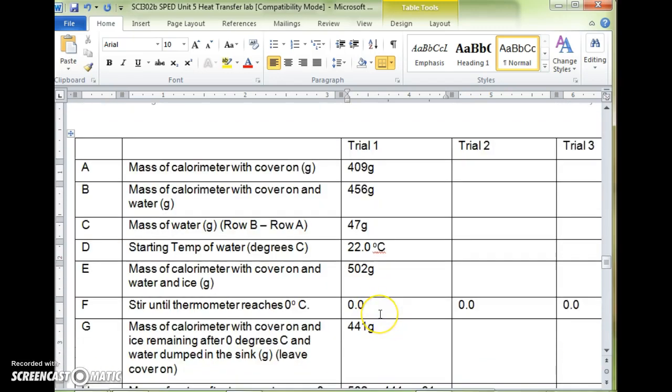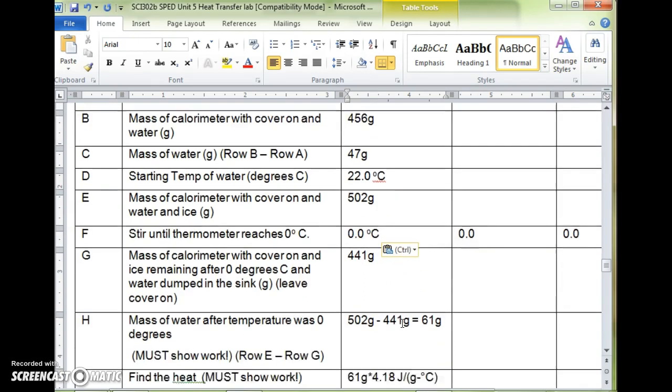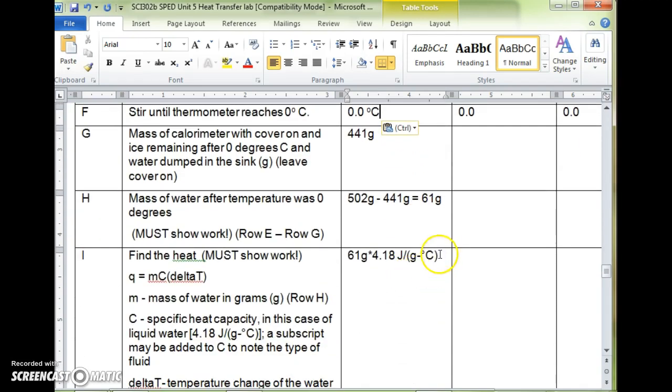All right, so we went from 22 degrees Celsius to 0 degrees Celsius. So what would our change in temperature be? Oh, we went from 22 to 0, so 22 degrees. All right, so we're going to multiply these numbers together.